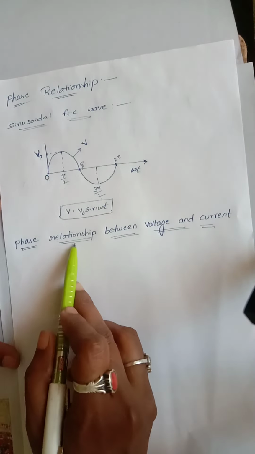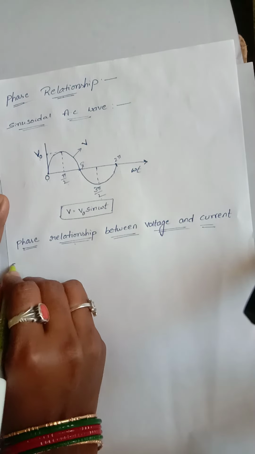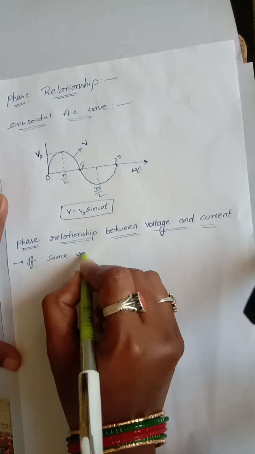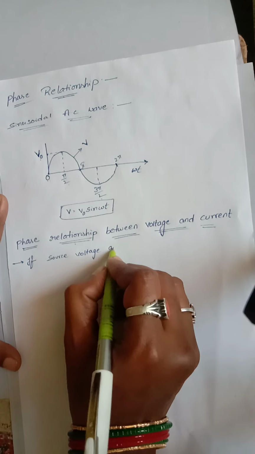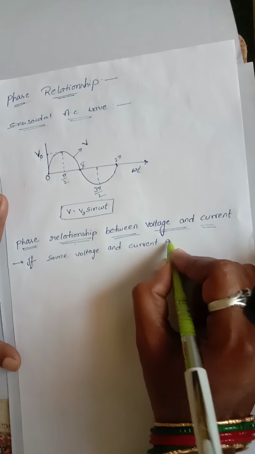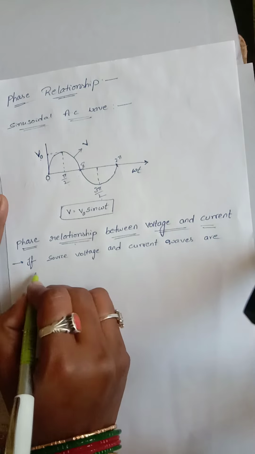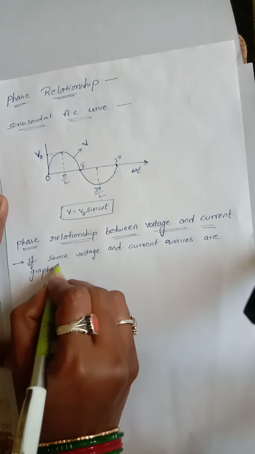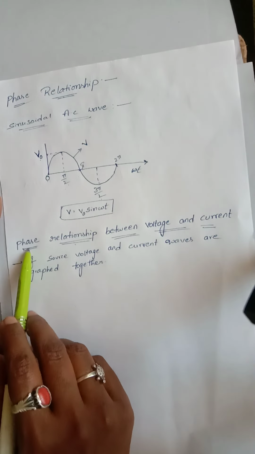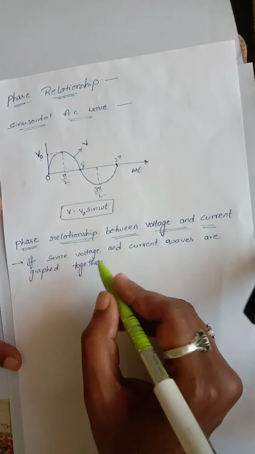If the source voltage and current waves are graphed together, then only we can observe the phase relationship between voltage and current.